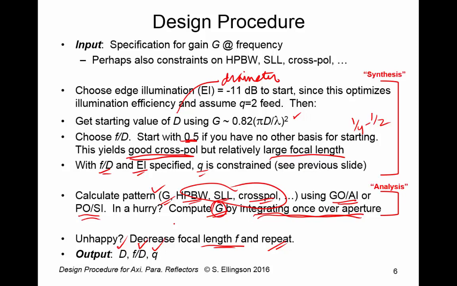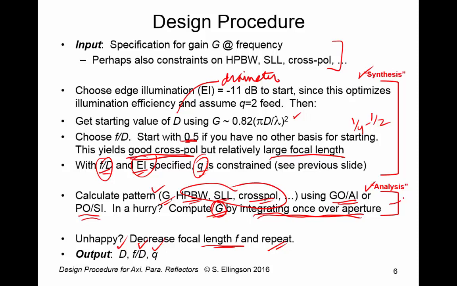Now I want to make one other point here. Like all complex design procedures, the design really consists of two phases. One is synthesis, where we start off with some initial specs and we come up with other things that describe the design. Here, f over d, edge illumination, and Q. Then, in analysis, you take whatever design you came up with in the synthesis phase and you analyze it.